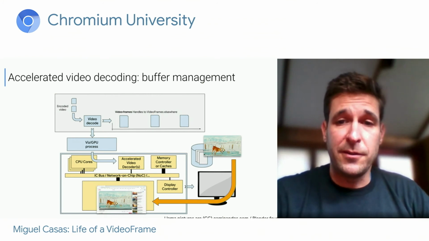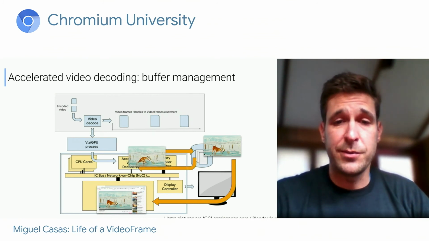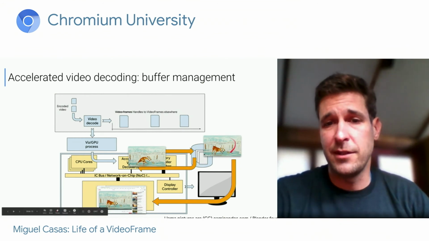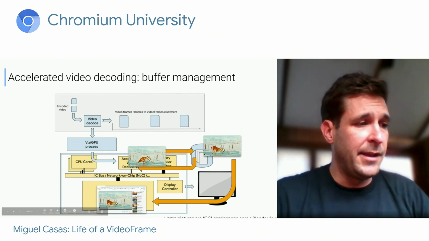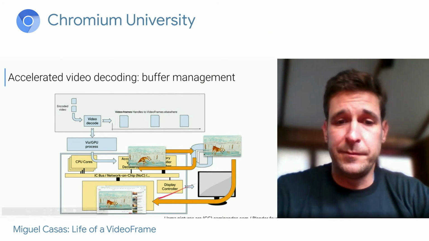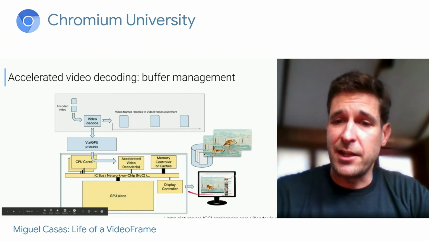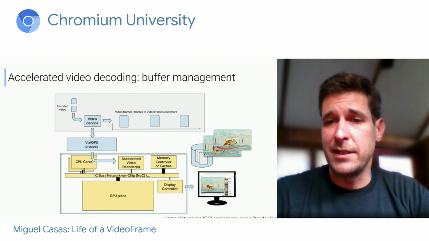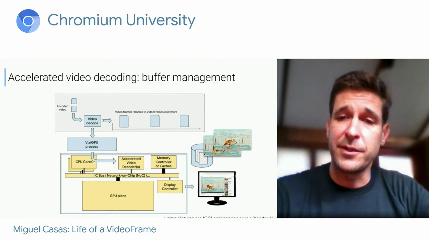Meanwhile, the accelerated video decoder is requesting another resource to start decoding the next frame, possibly using the previous one as reference. And then basically, our friend the GPU will start scanning out to the user while the accelerated video decoder is piling up the next video frame being decoded in this memory that is accessible to the rest of the components of the system.